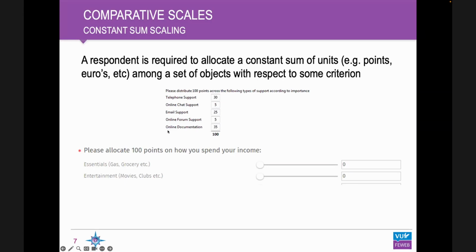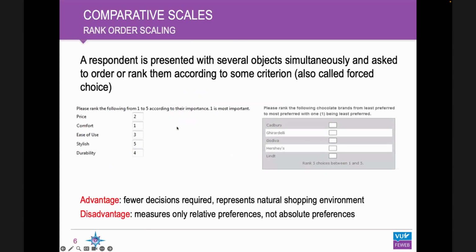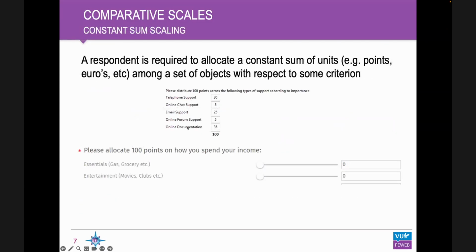So in this case, for instance, online documentation is apparently the most important for this respondent, but we also see that although telephone support is the second highest, it is quite close to the first one. In the previous rank order scaling, we were not able to observe that, for instance. So this is a way you can have more granular information related to the orders of the choices.